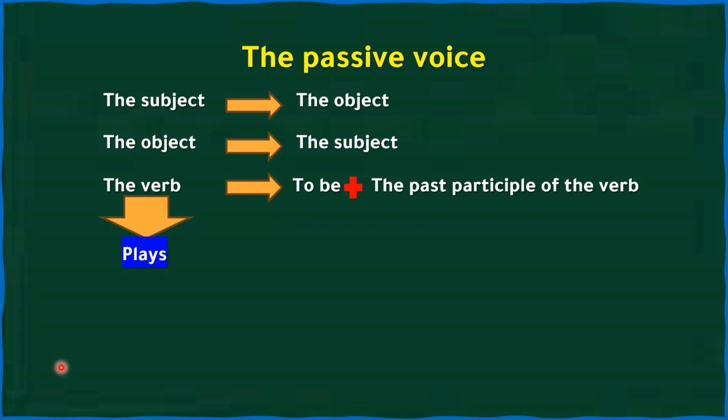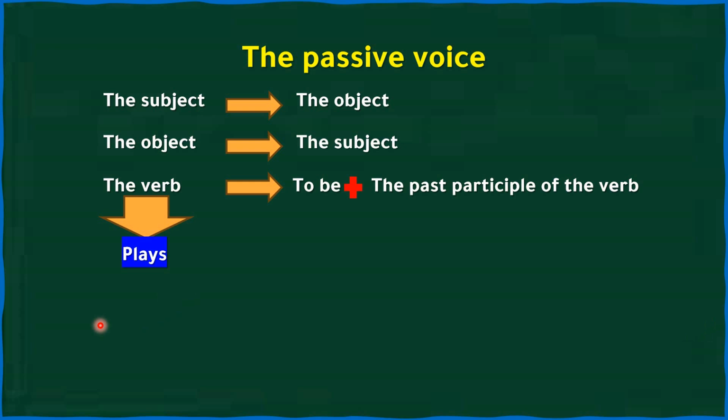Plays is the verb to play. It is in the simple present. So automatically we will put to be in the simple present, and we will say I am, you are, he is, she is, it is. So plays, we have S here, so he or she or it.